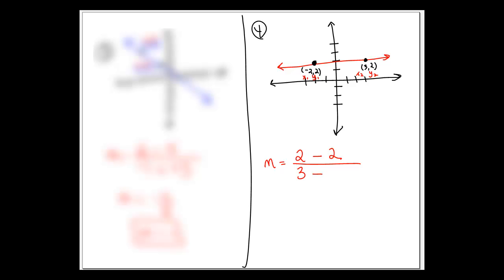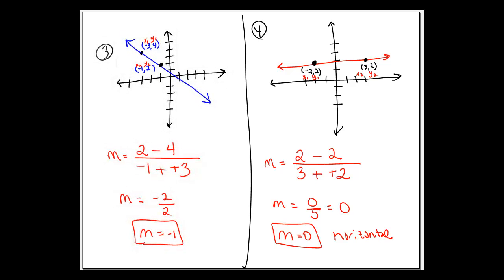Minus x1 is negative 2. Minus the negative, you can change that to a plus. Simplifying, I have 2 minus 2 is 0 over 3 plus 2 is 5, which equals 0. When you have a slope of 0, that is when you have a horizontal line, which the graph proves to be true.